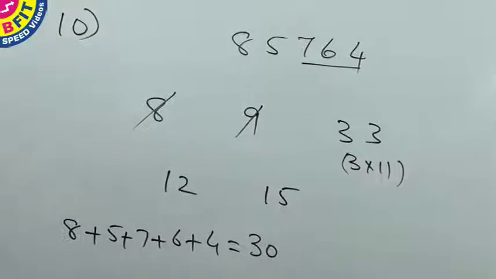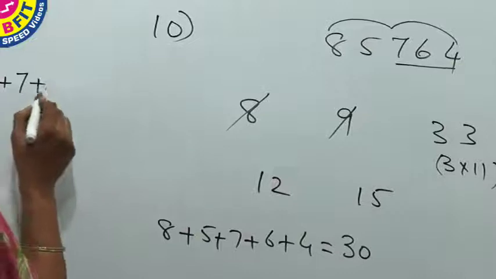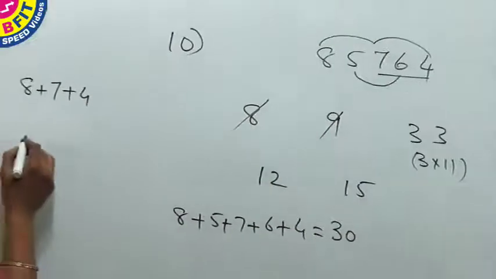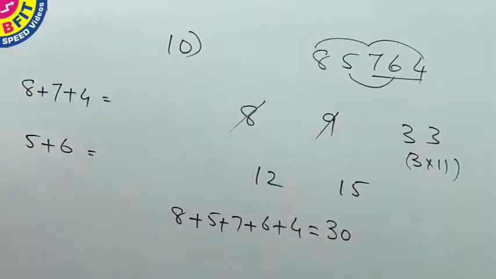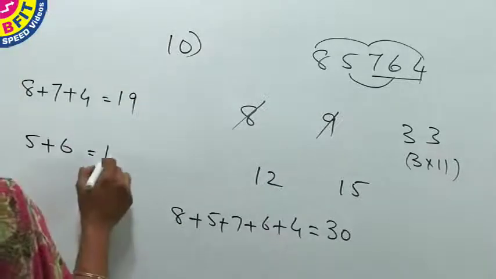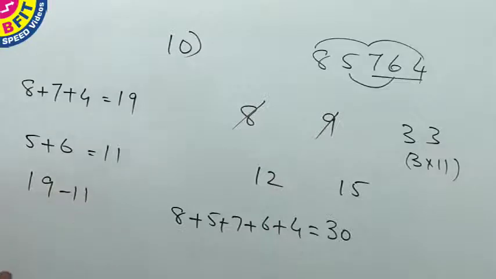we find the sum of the numbers in odd places and the sum of numbers in even places.